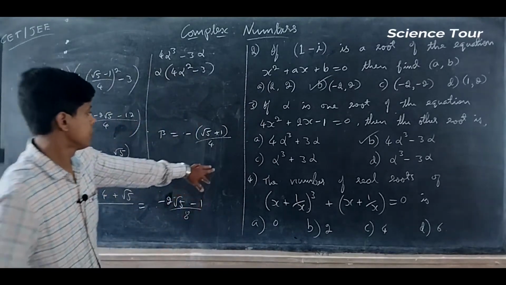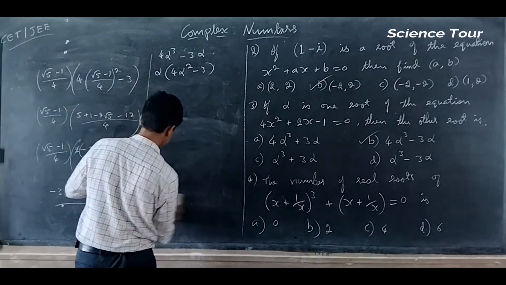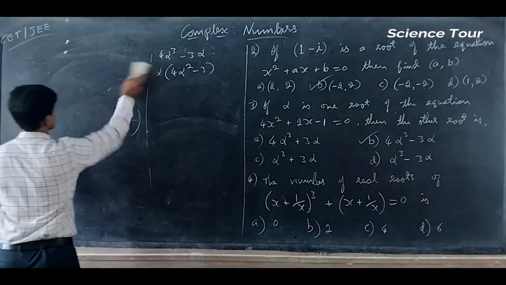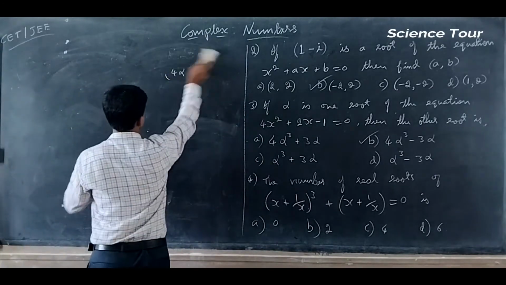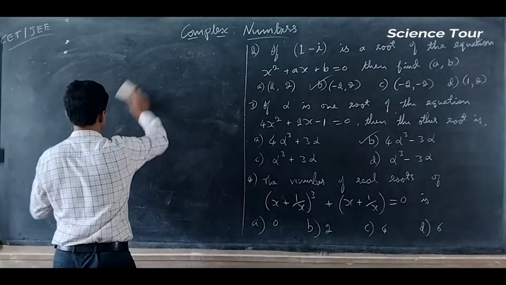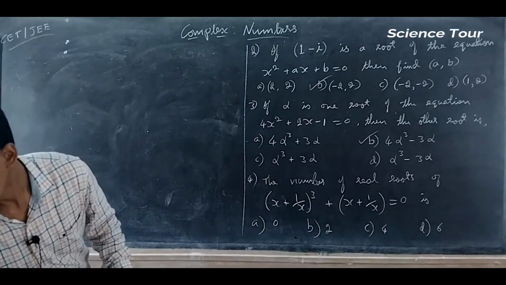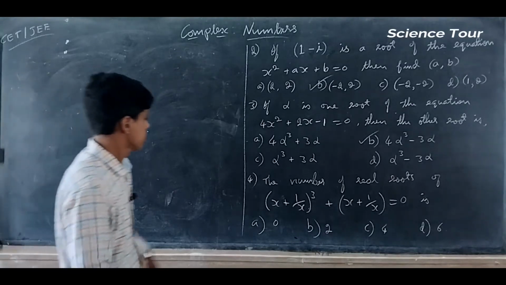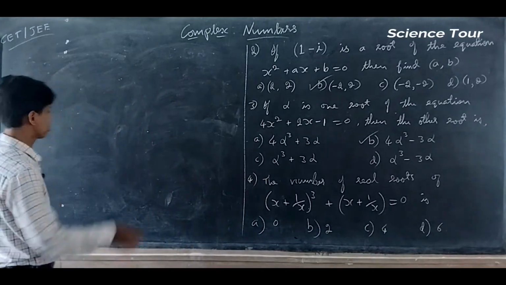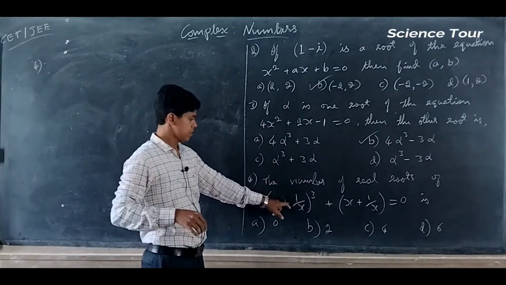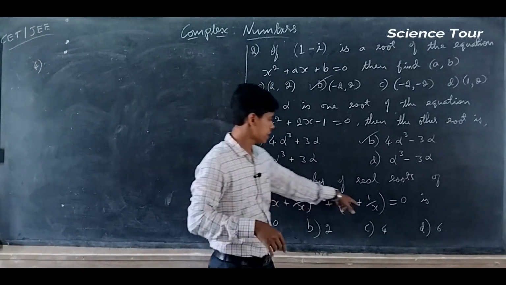Well, let's continue with the fourth question here. Look at the fourth question: the number of real roots. Look at this, you have x plus 1 by x common.